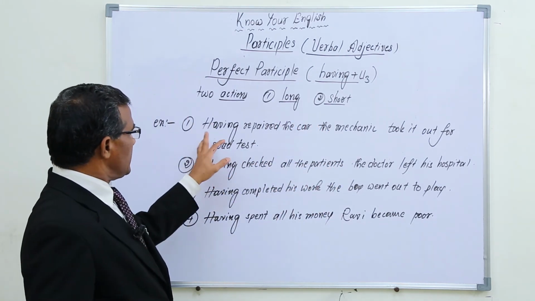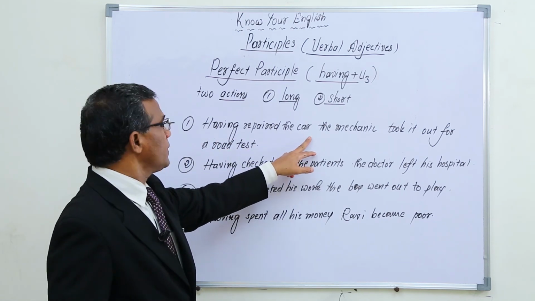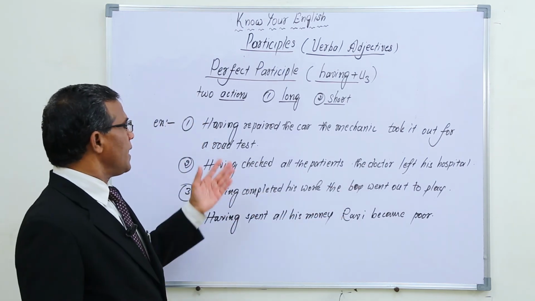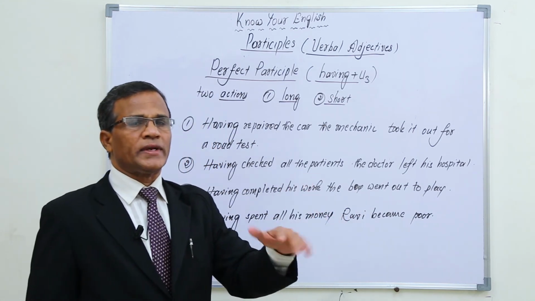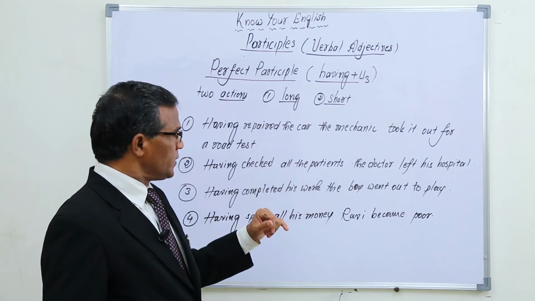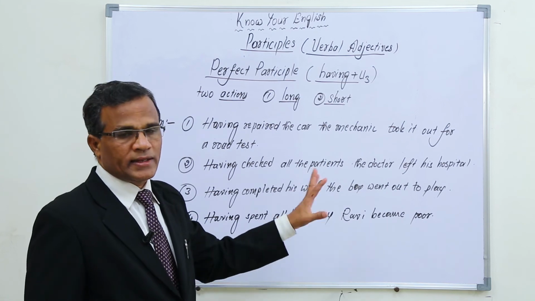Okay, so here, having repaired the car, the mechanic took it out for a road test. Means after he repaired the car, he took it out for a road test. Means repairing the car also one action, and taking it out for road test also another action.